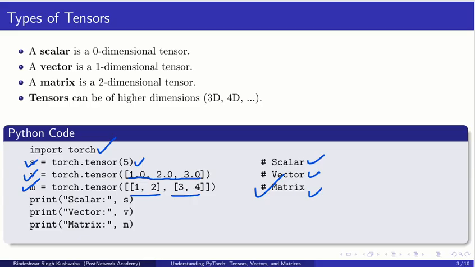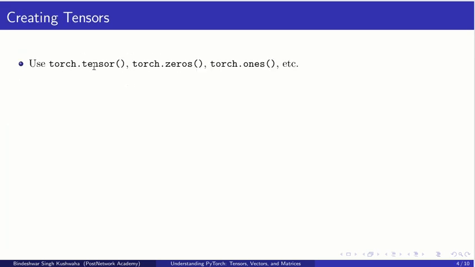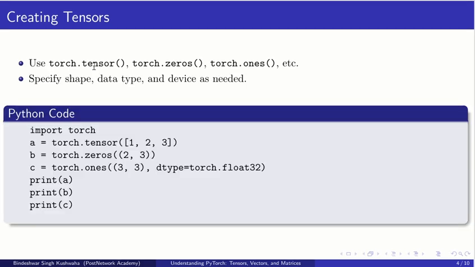Now let us see here how to create some specific tensors. We will use torch.tensor, and import torch. torch.zeros with 2 and 3 means a dimension of 2 rows and 3 columns, and all the elements would be zeros.